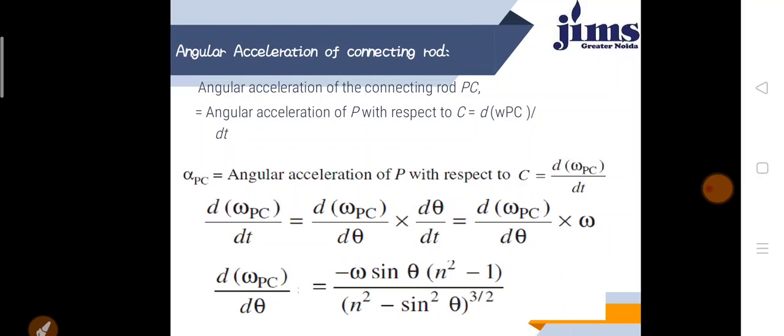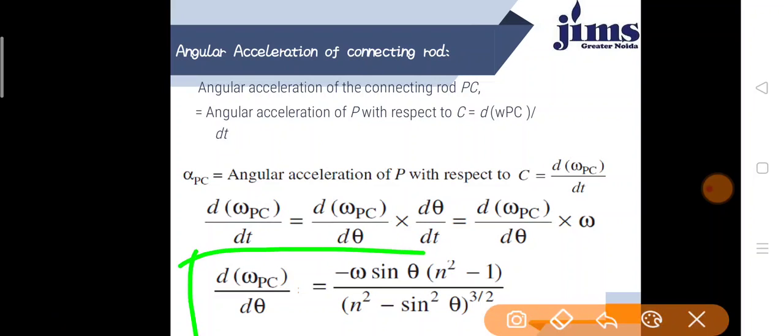When we differentiate an equation in the form of numerator and denominator, we use this formula: second function into differentiation of first function minus first function into differentiation of second function, upon second function whole square.